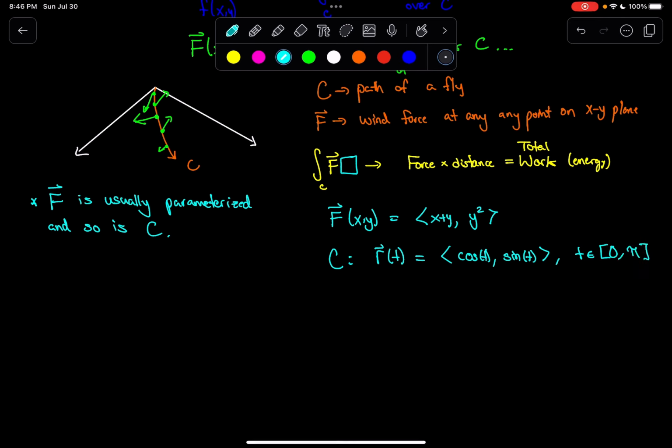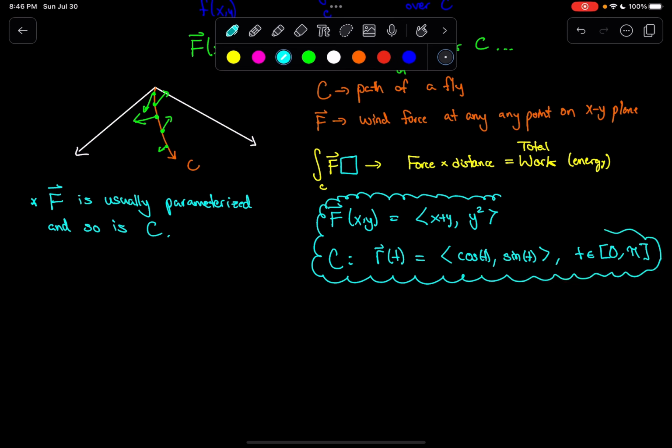And this is a little bit different than a simple line integral of a scalar function, but it's not too bad.